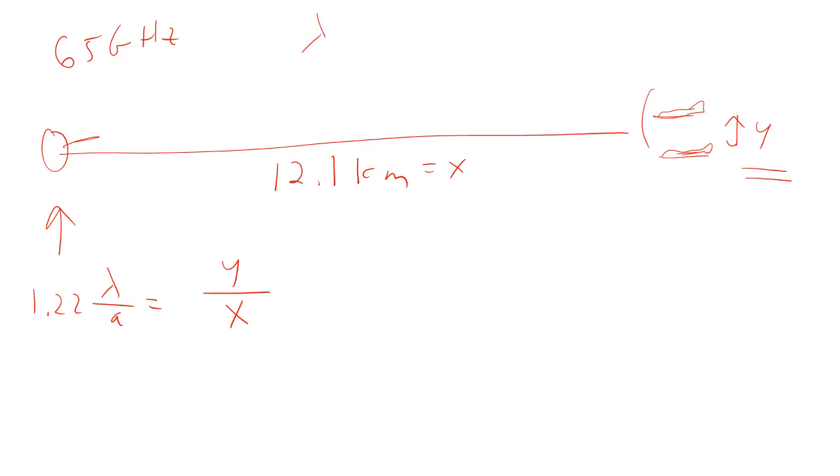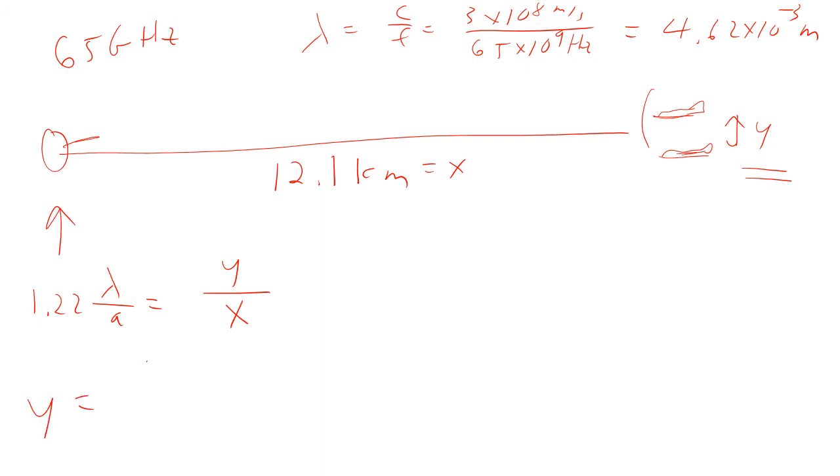We're going to say that lambda is c over f. So that'll be 3 times 10 to the 8th meters per second divided by 65 times 10 to the 9 hertz. So the wavelength is going to be 4.62 times 10 to the minus 3 meters, or in other words, millimeter wavelengths.